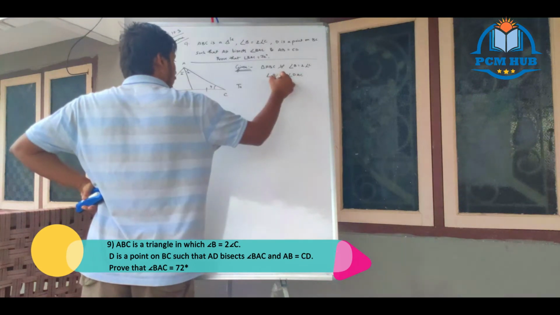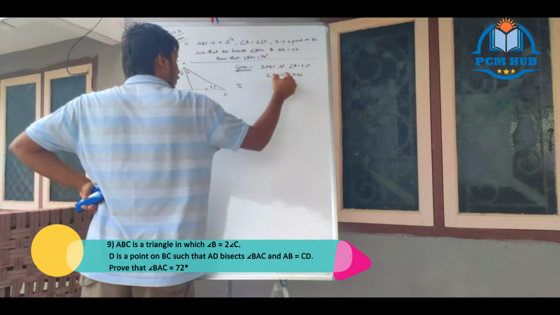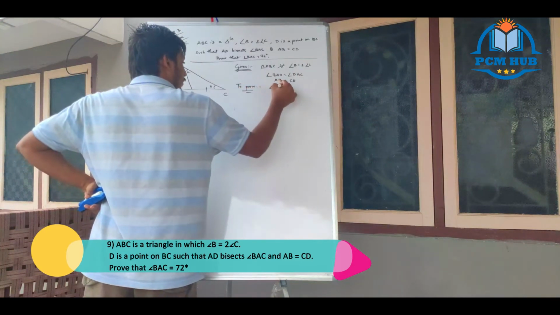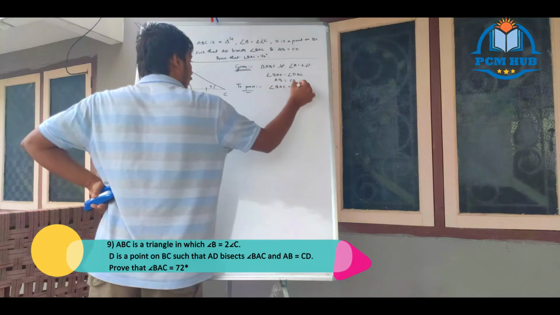And AB also equal to CD. To prove: angle BAC equal to 72 degrees.